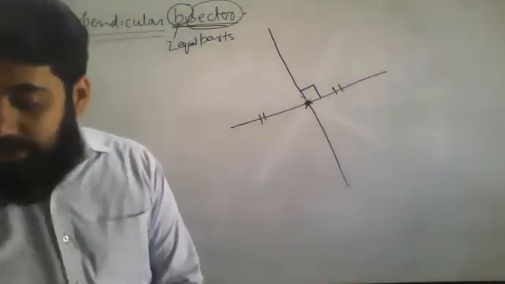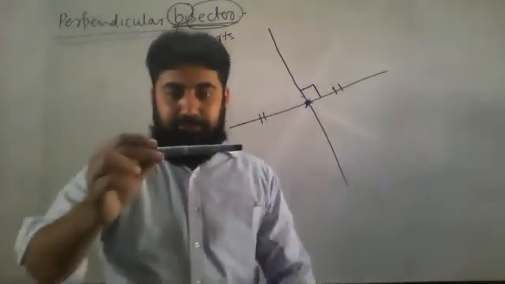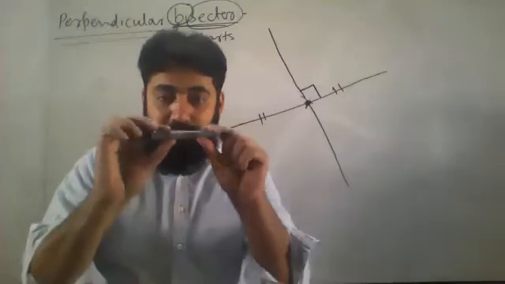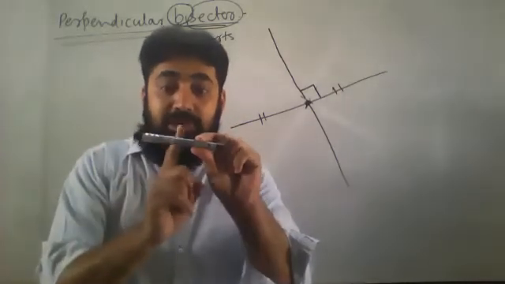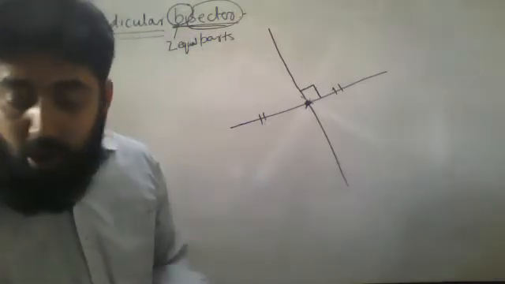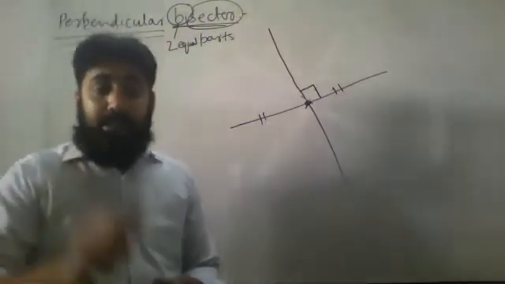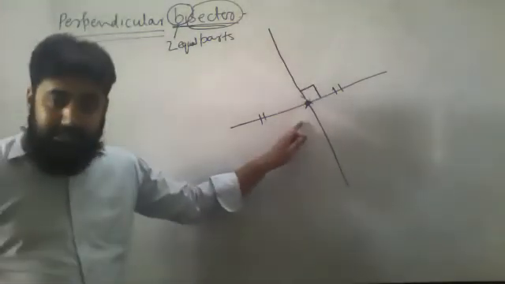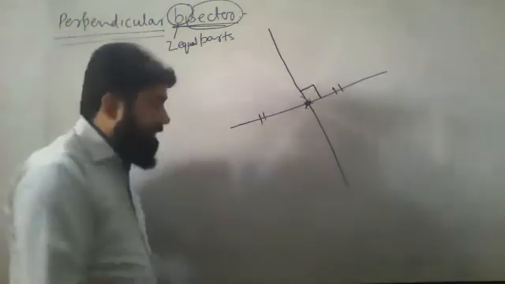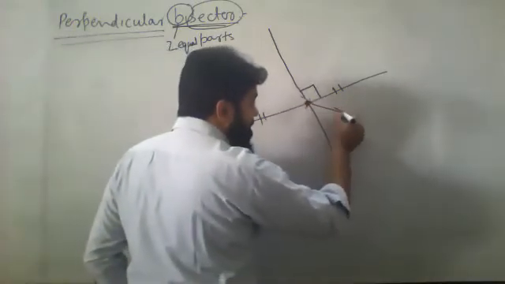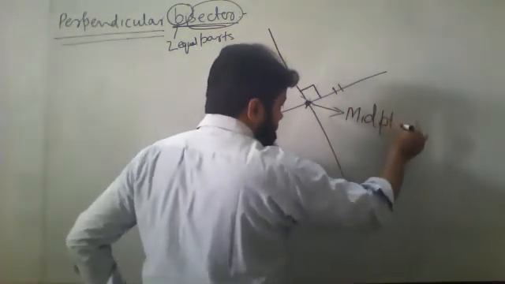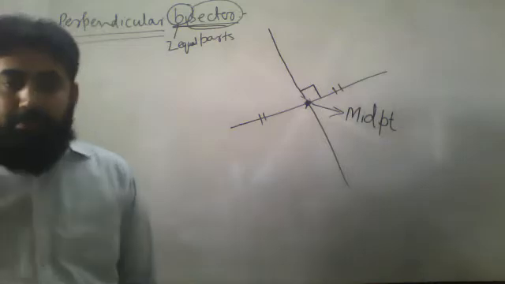If I am having, for instance, this pen and I want to bisect it, from where should I bisect it? Wherever your midpoint is, from there you are going to bisect it. Or you can say that when a bisection is being done, the thing which is bisecting is basically passing from the midpoint.